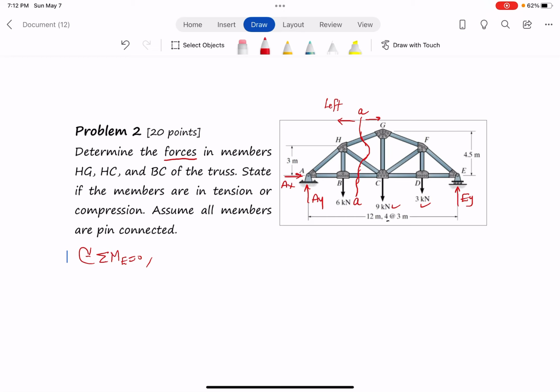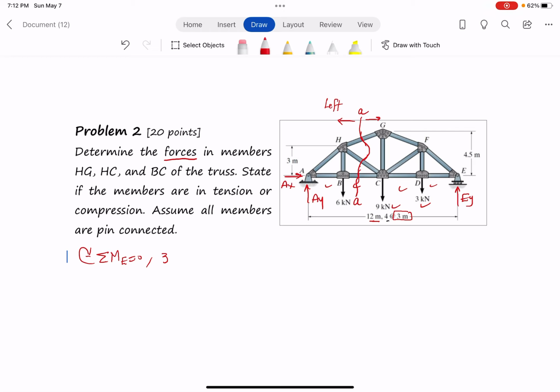3 kilonewton, it is positive. Again, you can see 12 meters is the total length. There are 4 spaces, 1, 2, 3, 4, and 3 meters each. I guess you took this in AutoCAD, and you should know how to read the dimensions.